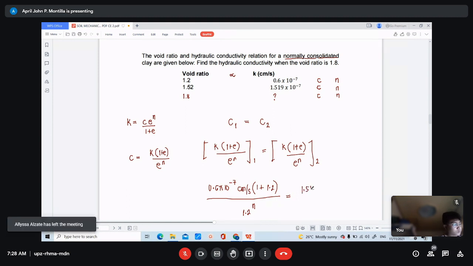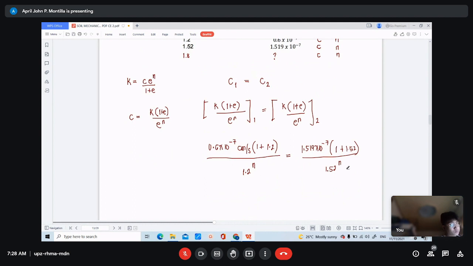Hydraulic conductivity is 1.519 times 10 raised to negative 7 multiplied by 1 plus 1.52 over 1.52 raised to n. Iisa lang yung unknown variable natin dyan, which is n. So you can simplify this equation or i-input nyo sa calculator and then shift solve natin. Canceled na yung times 10 raised to negative 7. Centimeter per second din yan. Canceled na yung unit. So, compute variable n.